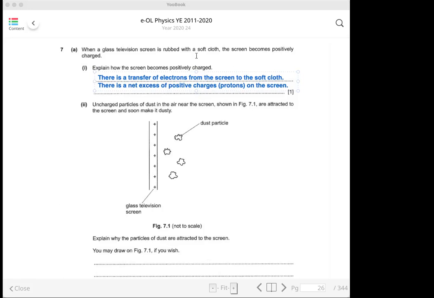Part 2, the question is 3 marks. Can you explain why the dust is attracted to the screen? Explain briefly.